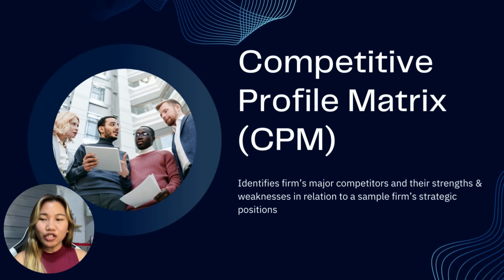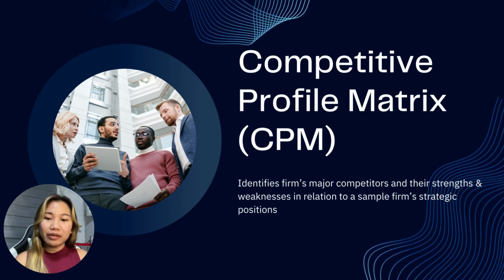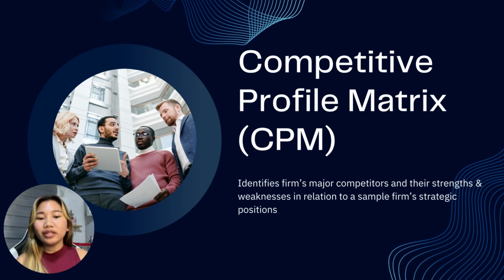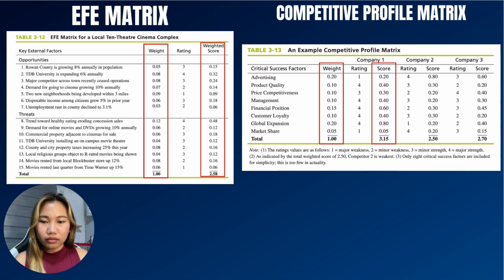So let us now proceed to the last industry analysis, the competitive profile matrix. The CPM identifies the firm's major competitors and their strengths and weaknesses in relation to a sample firm's strategic positions. Comparing the two matrices, the weights and total weighted scores in both the CPM and EFE have the same meaning.